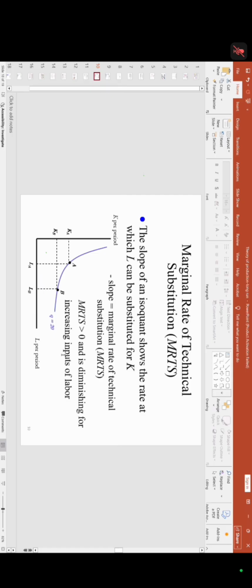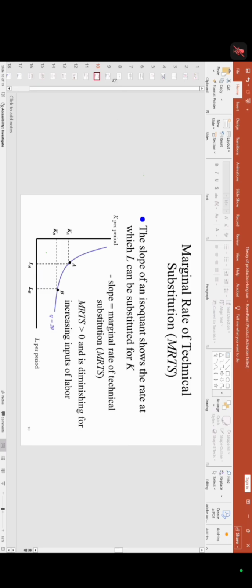Since we are calculating delta K divided by delta L, that represents the L aspect: which L can be substituted for K. If you are increasing 1 L, how much of K will be substituted? Likewise, an increase of input of labor. Clear?